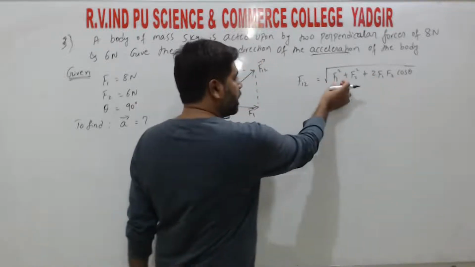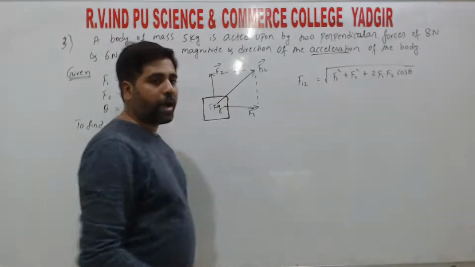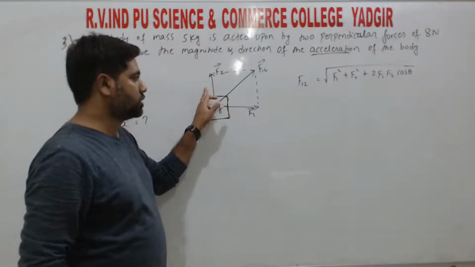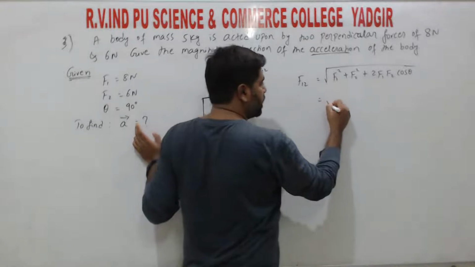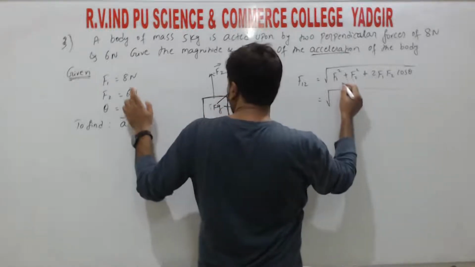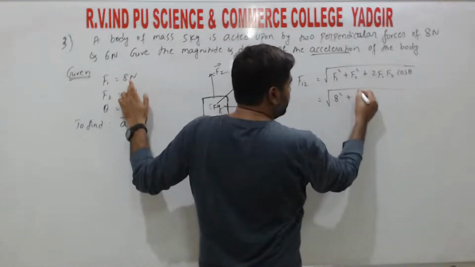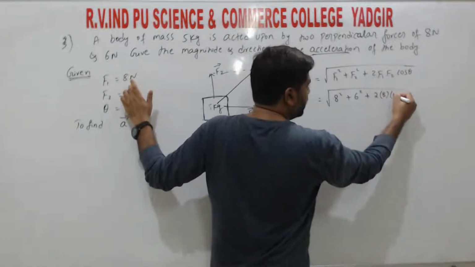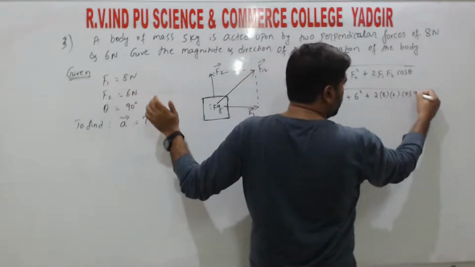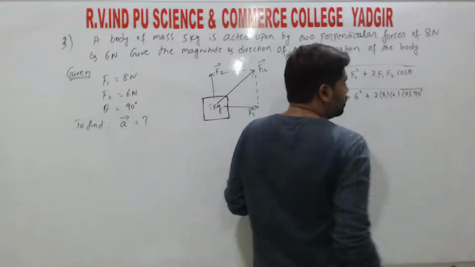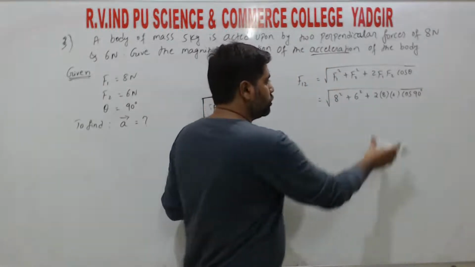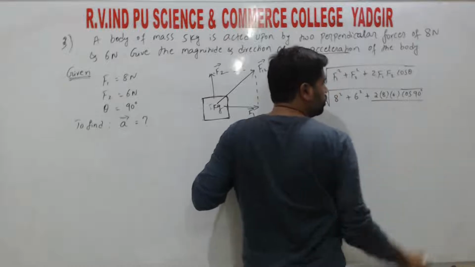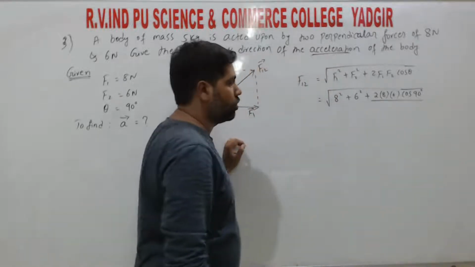Here F1 and F2 represent the magnitudes of the two forces, and we know those values. So under the square root, F1 is 8 square, F2 is 6 square, plus 2 into 8 into 6 into cos 90 degrees. Cos 90 is 0, so the whole term becomes 0.